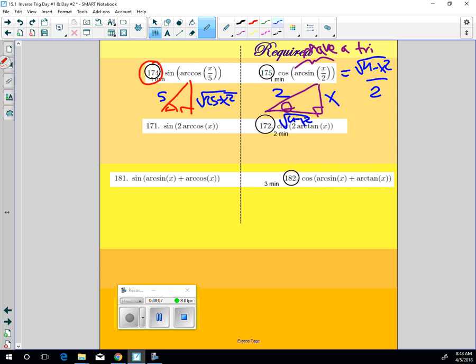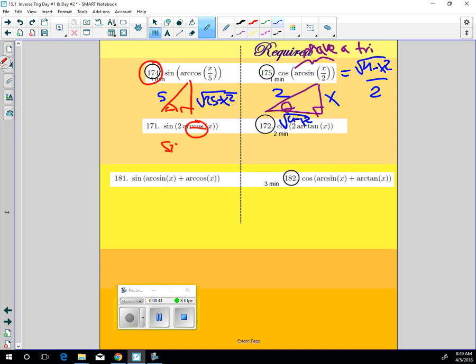But when you get to one like 171, what's different between this one and 175? What's one thing you really notice that stands out like a sore thumb? That 2, right? This 2 reminds us that when we take arc cosine of x, we're changing a ratio into a what? What do you think, Jacob? Ratio into an angle. Yeah. So this is like theta.